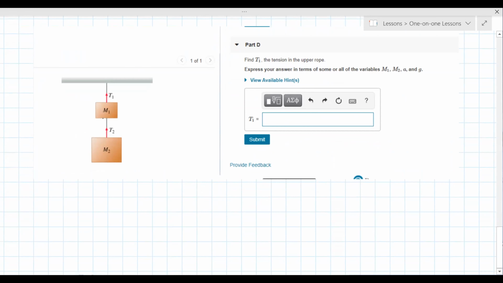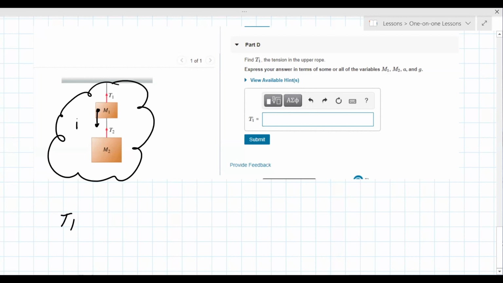So we're looking at the whole thing now. We know that there's T1 up, but there's M1G down, and then this rope here is pulling down, and that's T2.